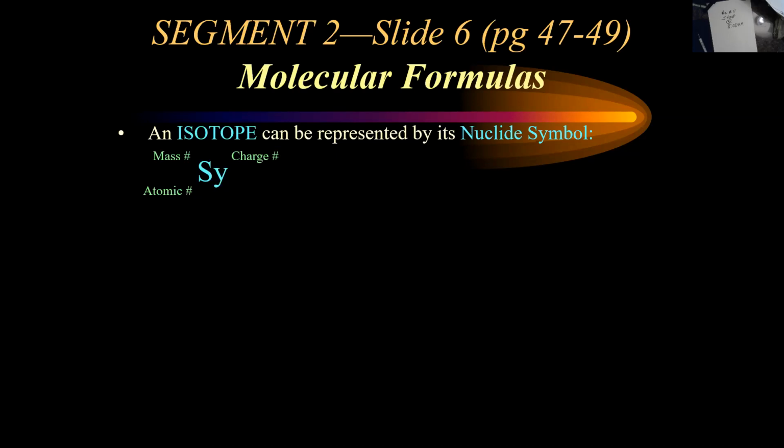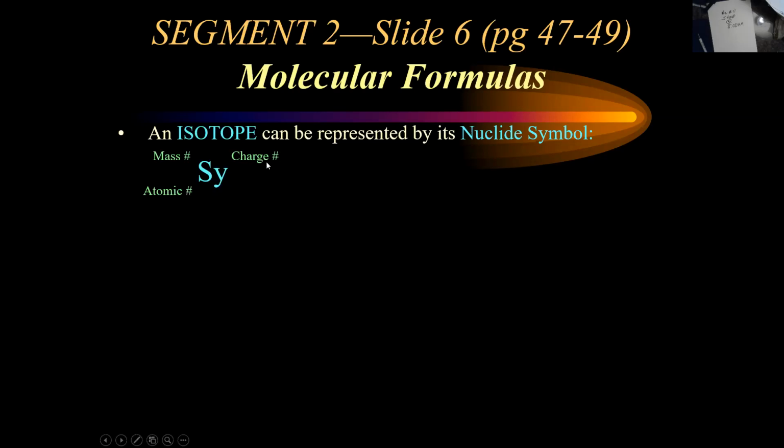That would mean chromium plus 2 would have 2 fewer electrons than it had protons. If it had the same, the charge would be 0. But since it's got 2 fewer, in this case it would be 22 electrons and 24 protons, so you've got 22 negative charges and 24 positive charges, which gives you a net charge of plus 2.